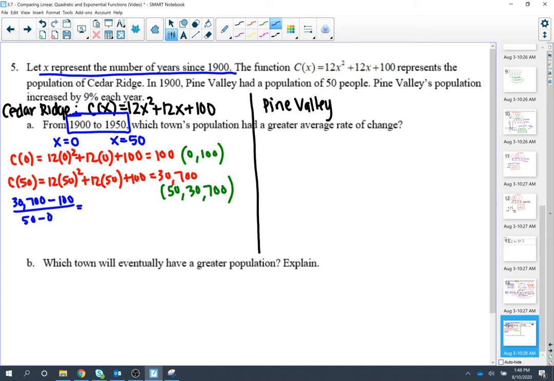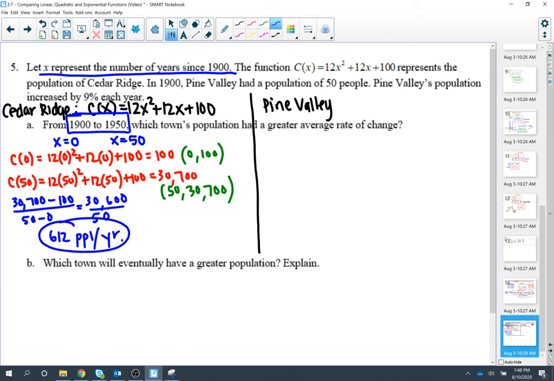Okay, so that's going to give me 30,600 divided by 50. So 30,600 divided by 50 is 612 people per year.